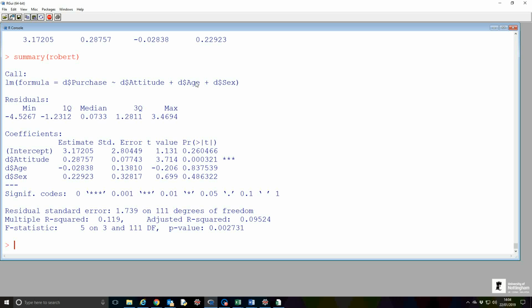Then we get the coefficients, which is what we're interested in. The intercept is a constant term that we include in all regression models. It represents the error variance, both systematic and random error. We can see that the intercept has a particular estimate, which in our case is 3.17. In regression, we always look at the standard error of these estimates.